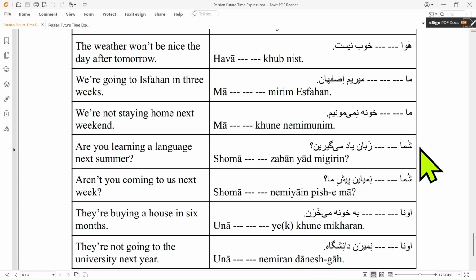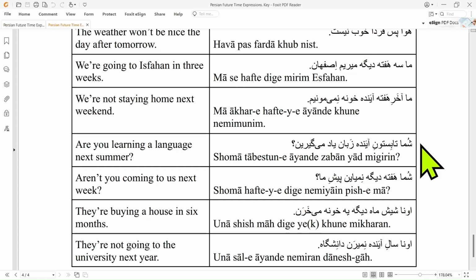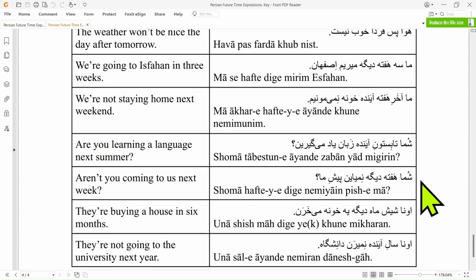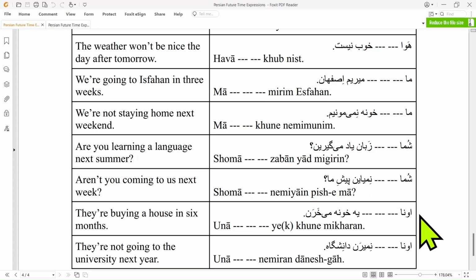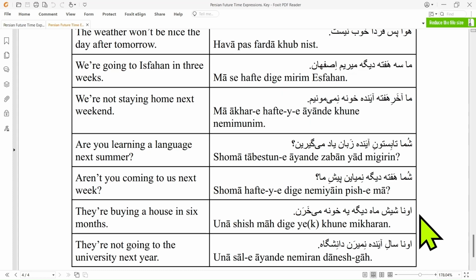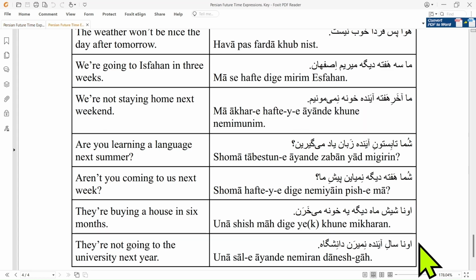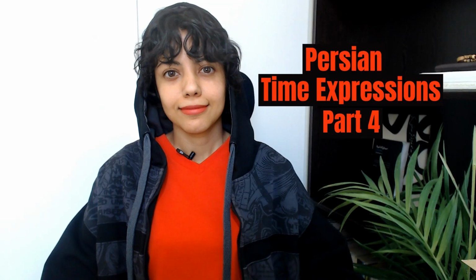Are you learning a language next summer? شما تابستون آینده زبان یاد میگیرین؟ Aren't you coming to us next week? شما هفته دیگه نمیاین پیش ما؟ They're buying a house in 6 months. اونا 6 ماه دیگه یه خونه میخرن. They're not going to the university next year. اونا سال آینده نمیرن دانشگاه.